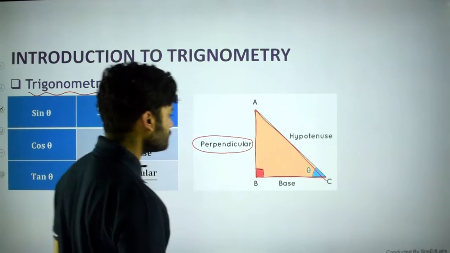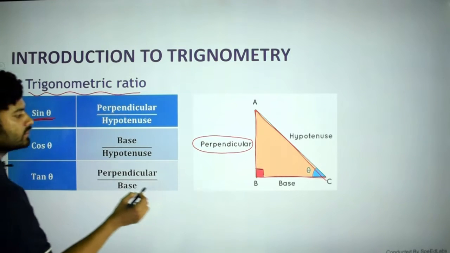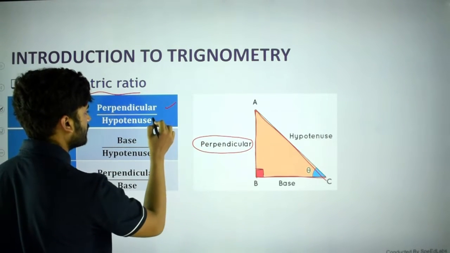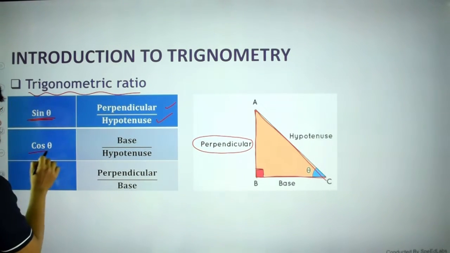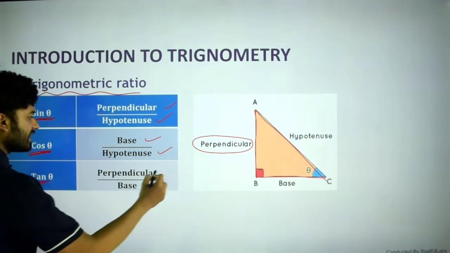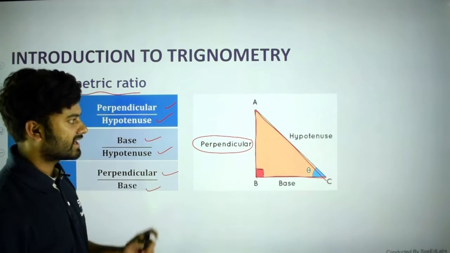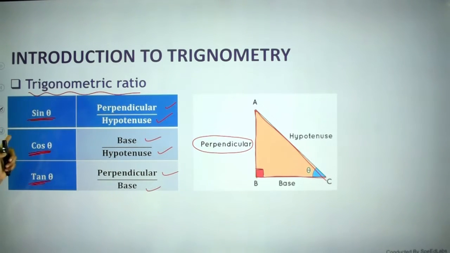Sine theta is perpendicular upon hypotenuse. Similarly cos theta is defined as base upon hypotenuse, and tan theta is defined as perpendicular upon base.